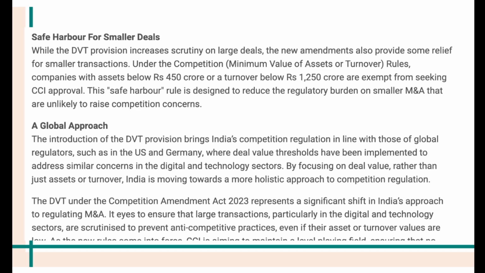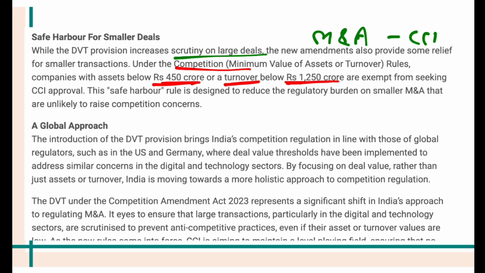One more thing: are there any mergers or acquisitions which are exempt from the Competition Commission of India's approval? Yes. Under the competition rules, companies with assets below 450 crore or turnover below 1250 crore are exempt from seeking CCI approval.